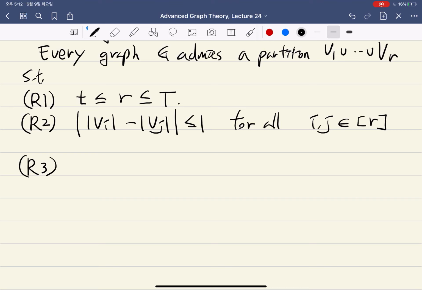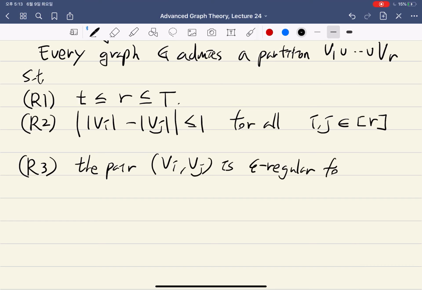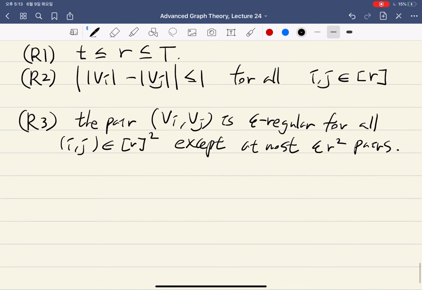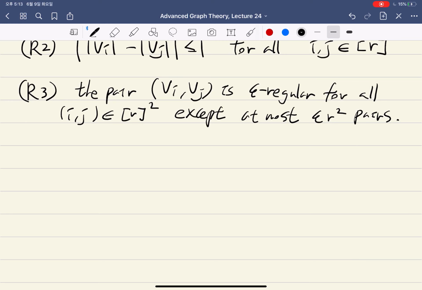And also, the pair Vi, Vj is epsilon regular for all i, j in [R]^2 except at most epsilon R squared pairs. So all pairs are epsilon regular except at most epsilon times R squared.